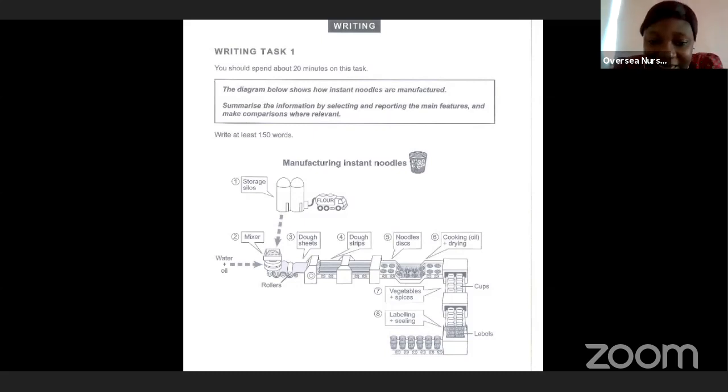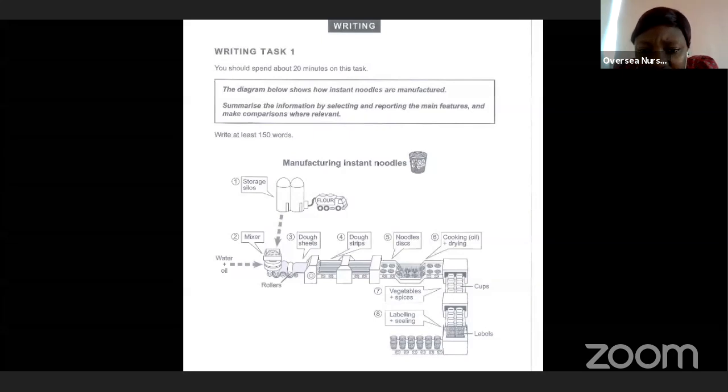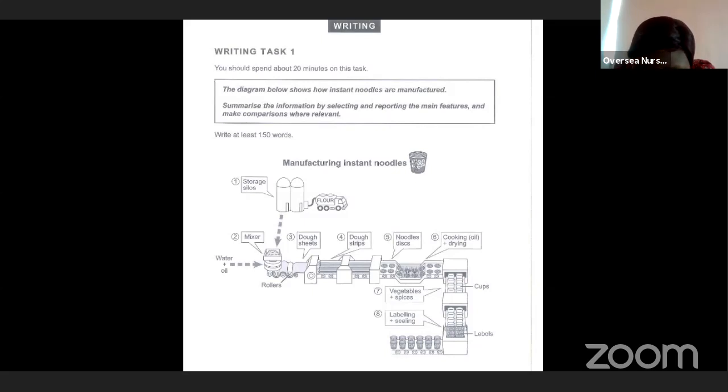Consequently, after this, the process proceeds by the making of the noodle discs, where cooking oil is added into it and is allowed to go through the drying phase.